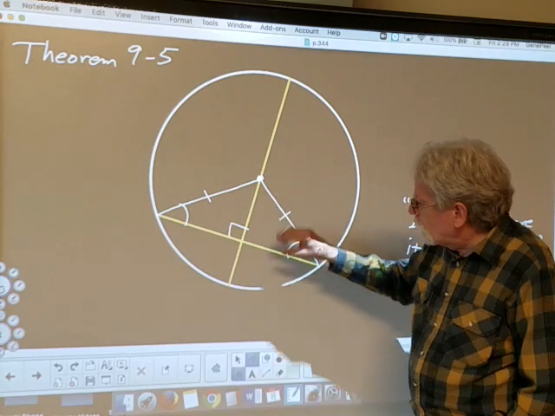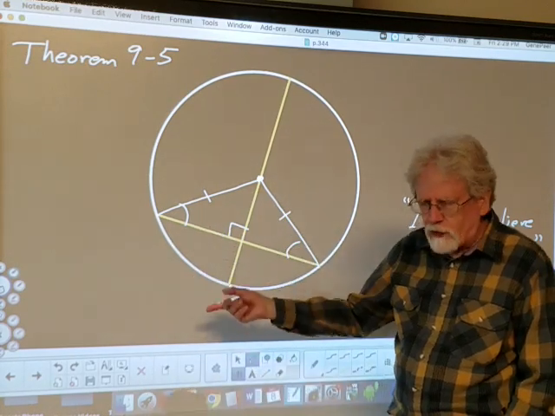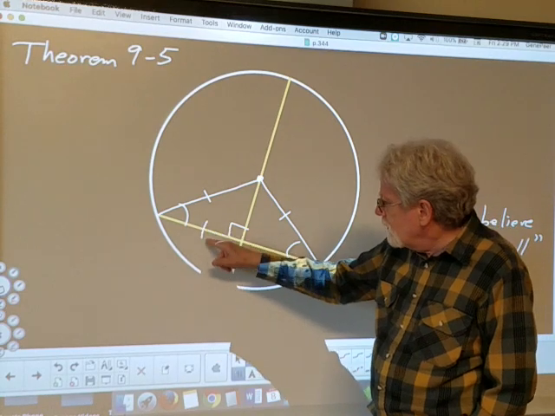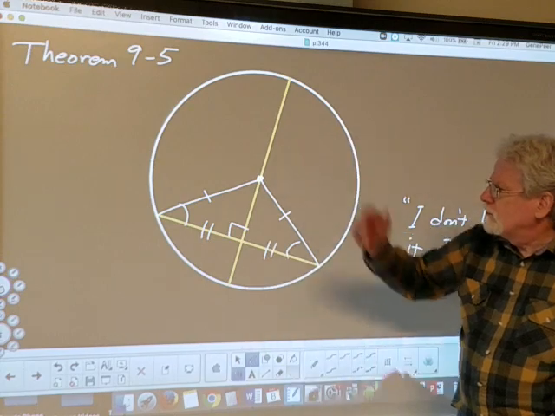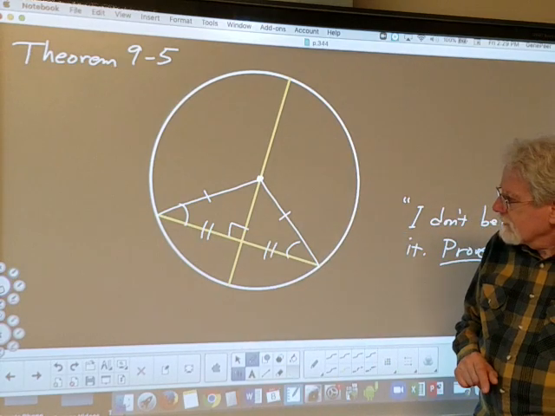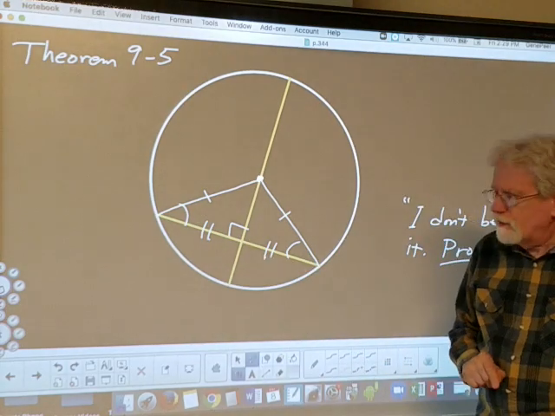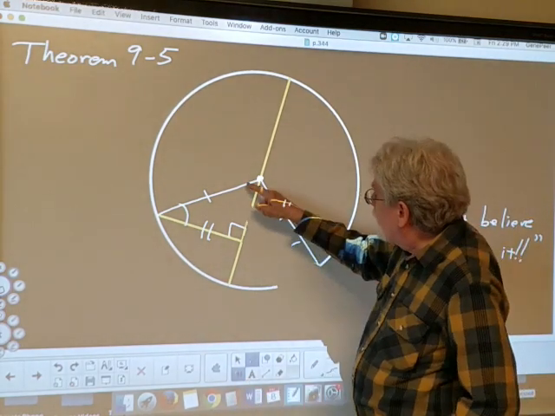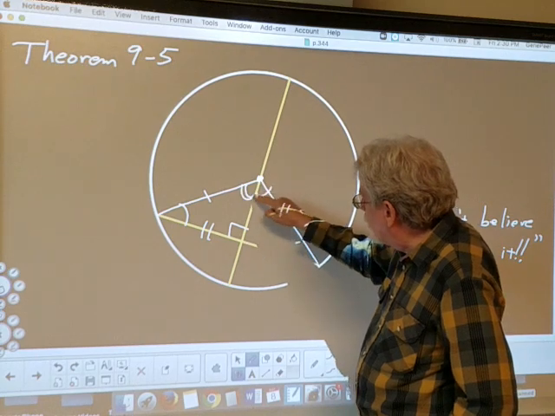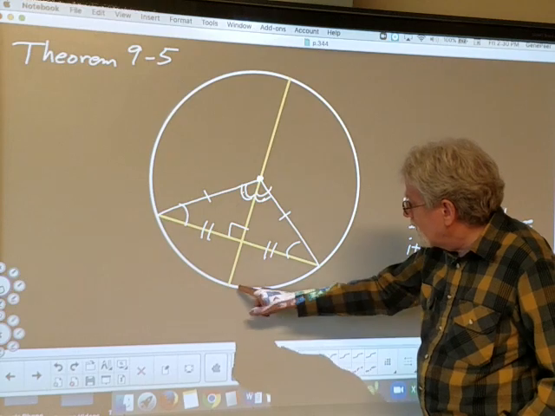Well, if the little triangles are congruent, then CPCTC, corresponding parts of congruent triangles are congruent, says these segments must be congruent, and we just proved the first part of Theorem 9.5. That this chord is indeed bisected. But CPCTC also says that this angle must be congruent to that angle. And if these angles are congruent, then guess what?